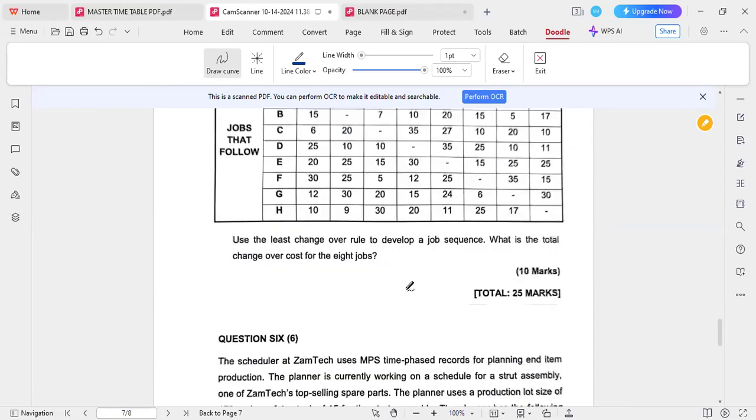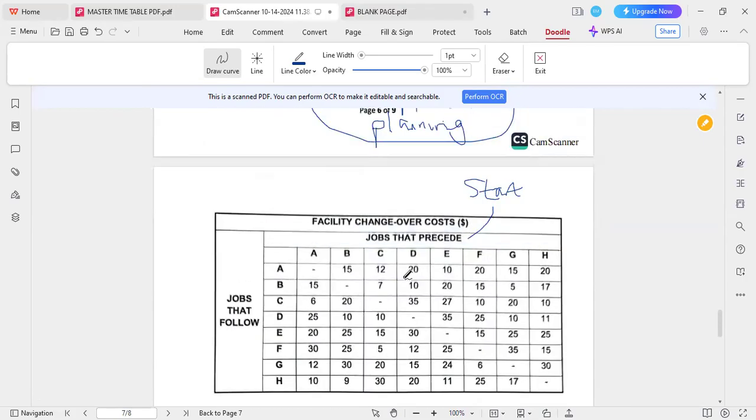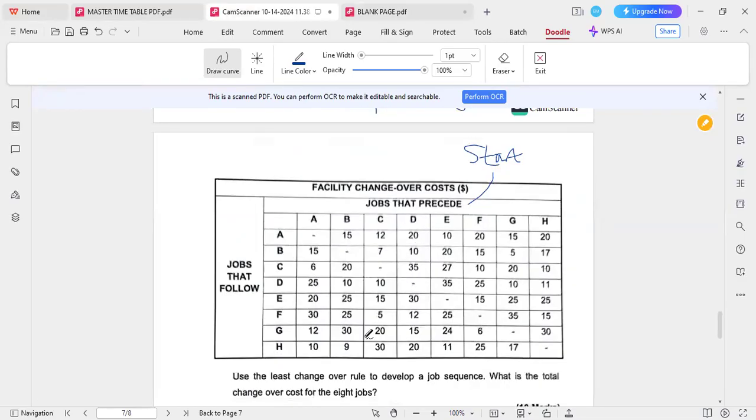So let us select the smallest cost from all the costs. You can just look at all these costs. Which one is the smallest cost among all these costs? 5.